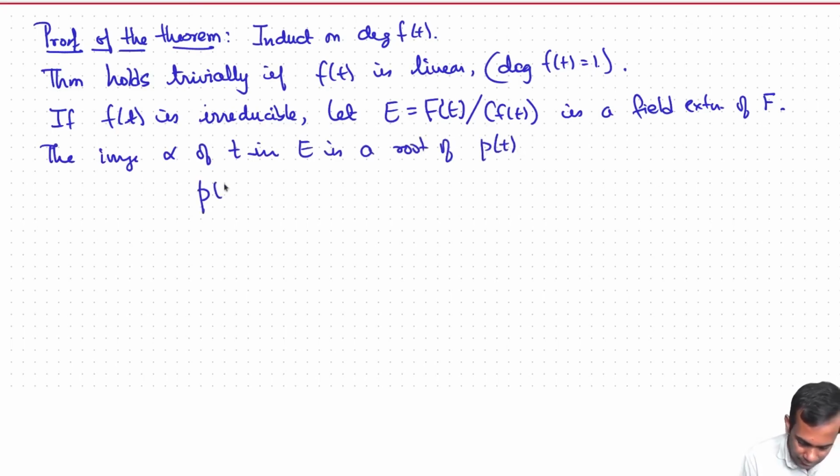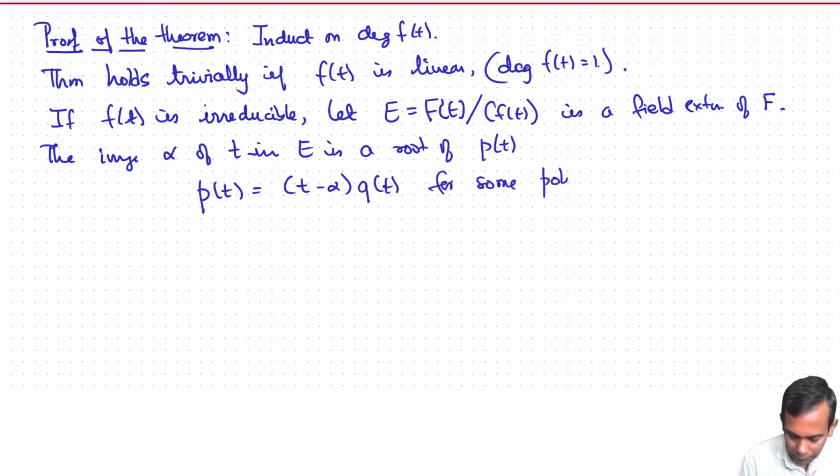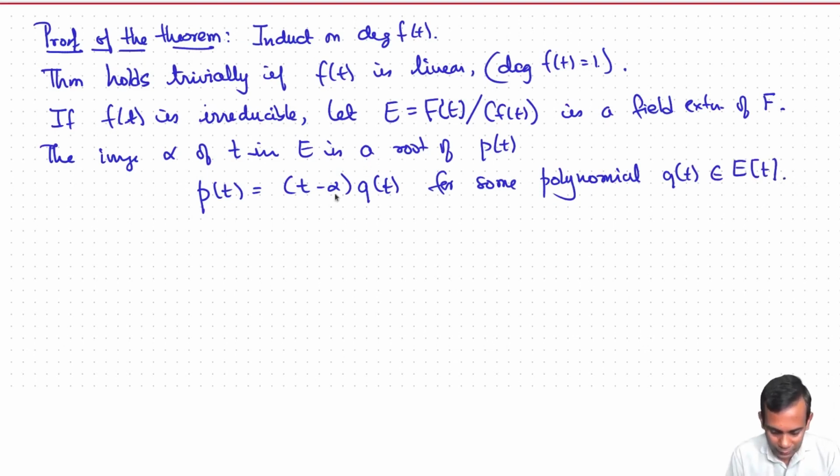That means that f(t) can be written as t minus alpha times q(t) for some polynomial q(t) in E[t]. Now we are working over E because this root is in E. So we apply the factor theorem in the field E[t]. The factor theorem says that if you have a polynomial which vanishes at some point, then the polynomial is divisible by t minus that point.